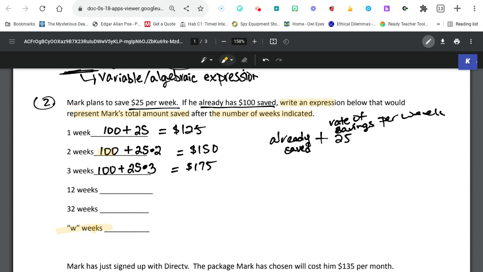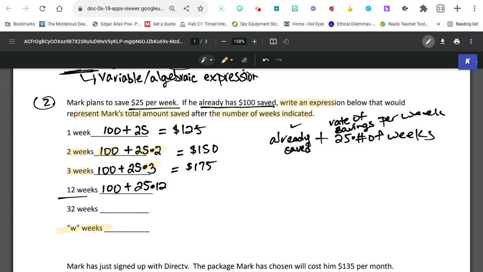But we're multiplying that 25 times the 2, which is the number of weeks, or times the 3, again, which is the number of weeks, okay? So it's 25 times the number of weeks. And that's how we're getting his total amount of savings. So here it's $100, what he already has saved, plus his rate of savings, which is 25, times the number of weeks, which is 12.